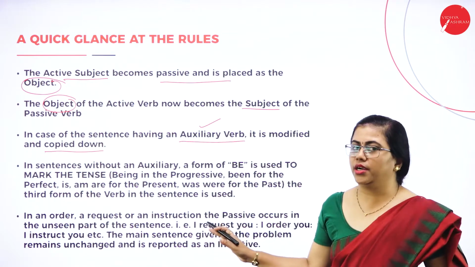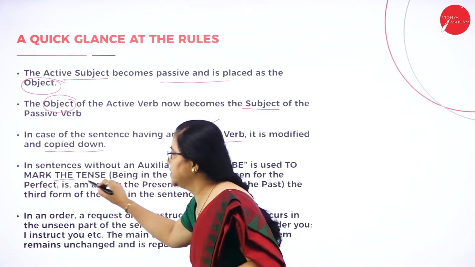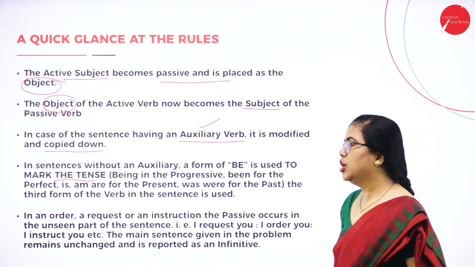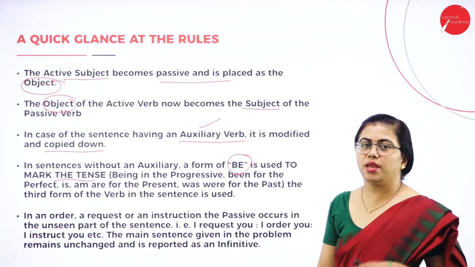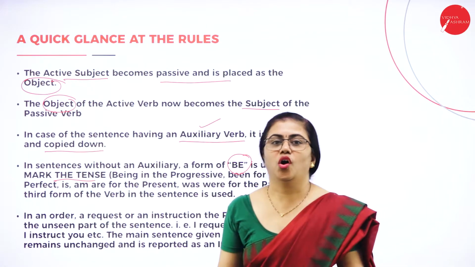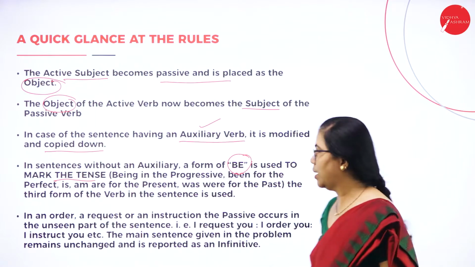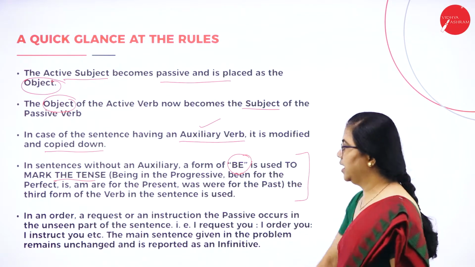Then we also learnt a few rules in the tenses, like where be has to be used. Be, been, being, all these were used. So about that also we have learnt.